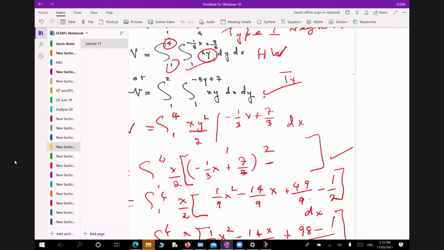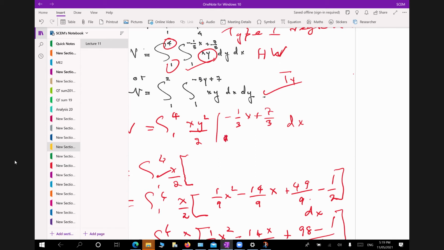Now if I put the top limit here, how much do I get? Let me check that out, because I'm not very good at it. You put the top limit first. X by 2 is out, no problem. So put the top limit in. What will you get? The bottom limit is 1. Do you agree? Yep.